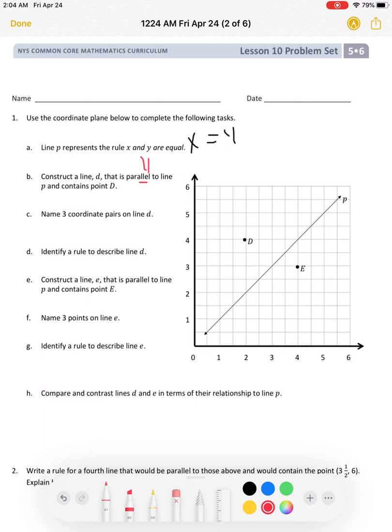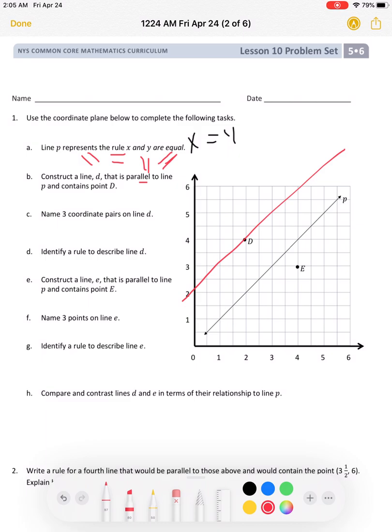They can go vertical. You can turn the L's horizontal. You can also turn those L's diagonal. And they would still be parallel lines that way. So they want us to construct a line where D is parallel to P.